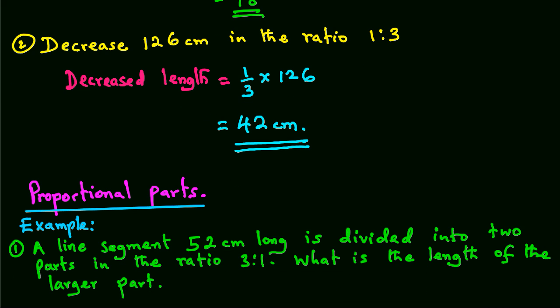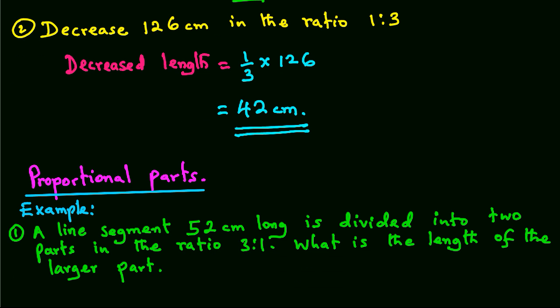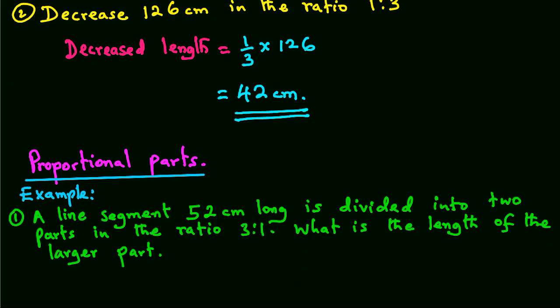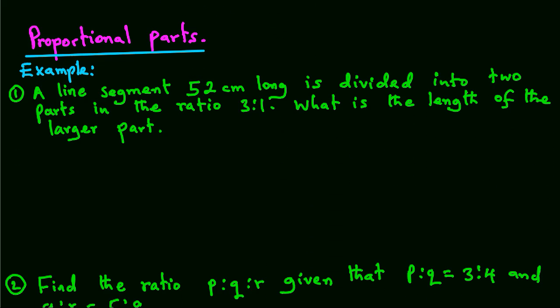Let's now consider another related part, which is proportional parts. Now, given ratio A to B to C, to determine proportional parts of each ratio, we divide each ratio by the total ratio.